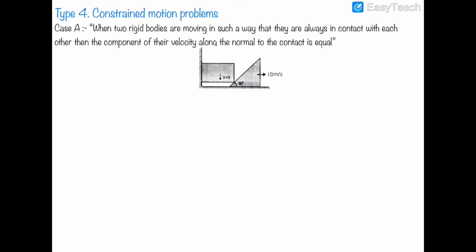So step 1 is that you have to identify the directions of the net velocities of the two blocks. Here in this question the directions are given, but in most of the questions you have to identify the direction of velocities. So this velocity is given to us as 10 meters per second, and we have to identify the direction of the motion of this rectangular block. We can see that this block will always be in contact with the wall, and this block will always be in contact with the wedge.